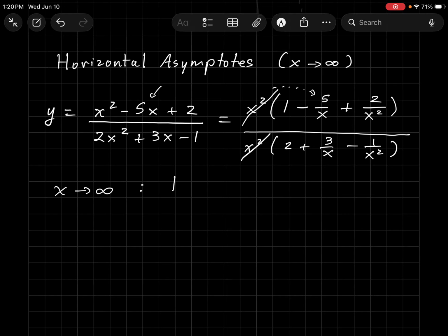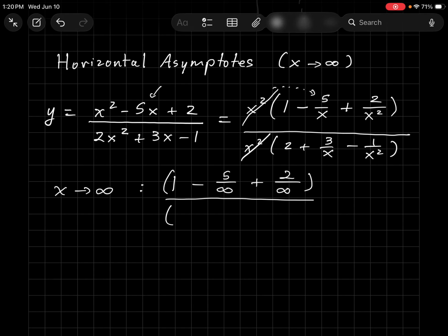In the numerator, I get 1 minus 5 over infinity plus 2 over infinity squared, which is still infinity. In the denominator, we get 2 plus 3 over infinity minus 1 over infinity squared, which is still infinity.